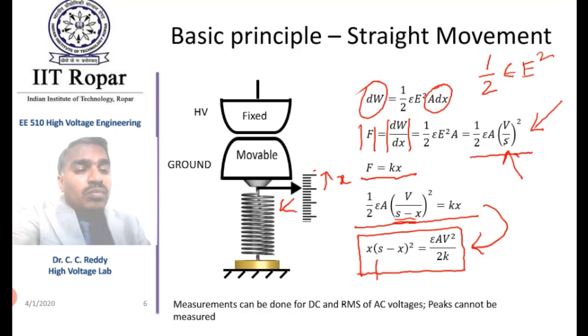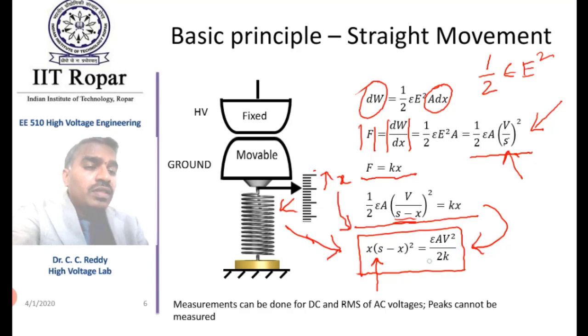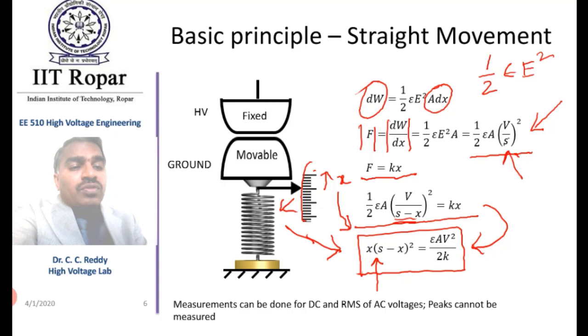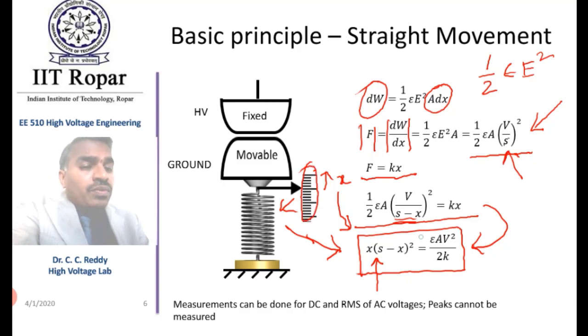So the movement of this electrode given by X is related with this equation. Some nonlinear movement will take place, and this scale has to be adjusted. But you can see, if you ignore the second order term, X is nearly proportional to V square, not V.